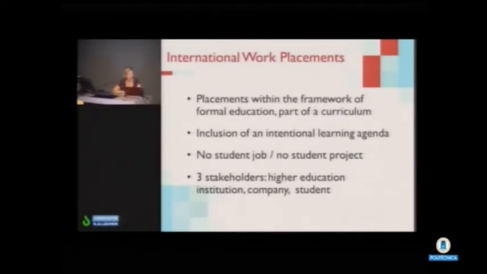And as Ilse already indicated, there are three stakeholders when it comes to international work placements: a higher education institution, a company, and a student. This is anyway how we see it and how we have defined it.